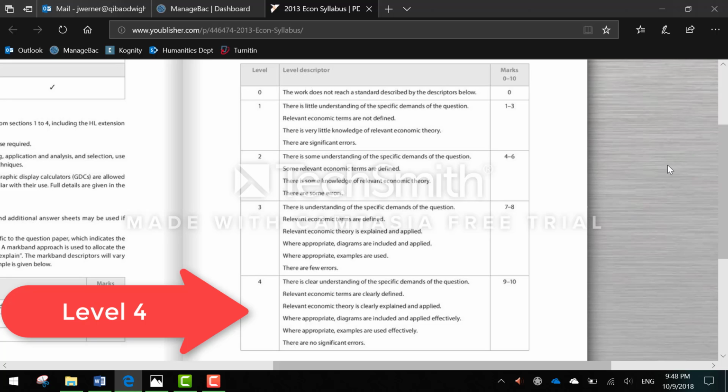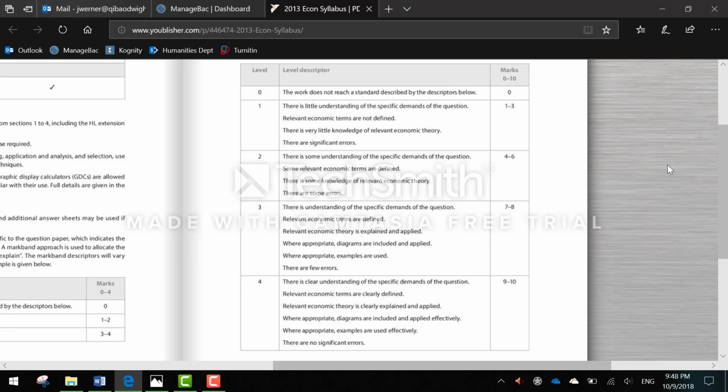Now, we all understand, anyone who lives and studies or teaches in the IB, that these descriptors are not perfect. I mean, they are vague. So really, it's up to the teacher's discretion between level 3 and 4. From my experience, it comes down to the strength of the diagrams and the strength of the real-world examples.